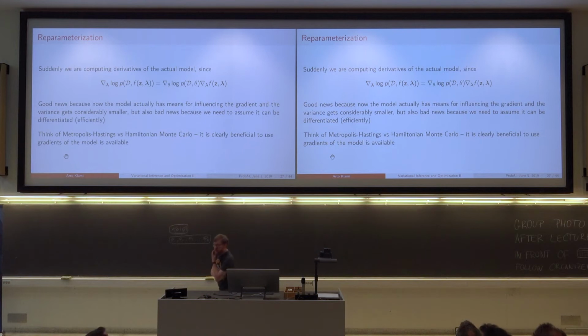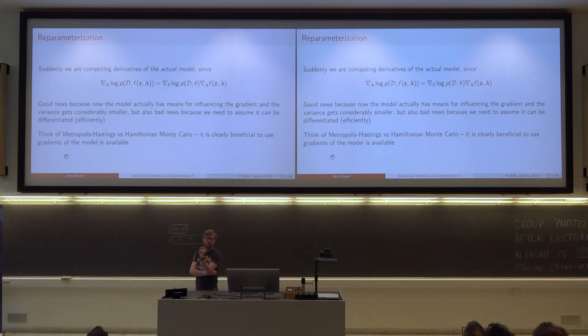And what this actually means is that we will need to be computing derivatives with respect to the model itself. Because in order to compute the derivative of this log density with respect to the parameters, we need to use the chain rule.